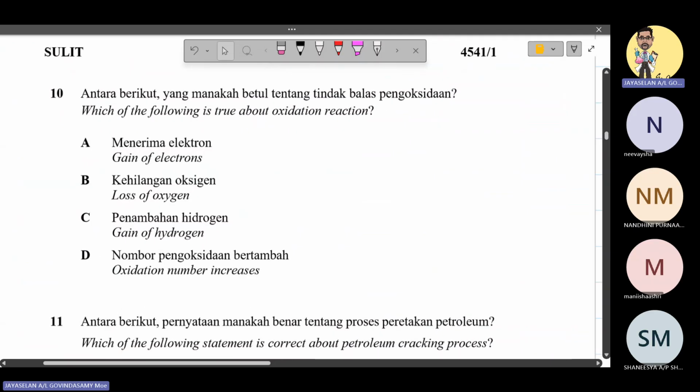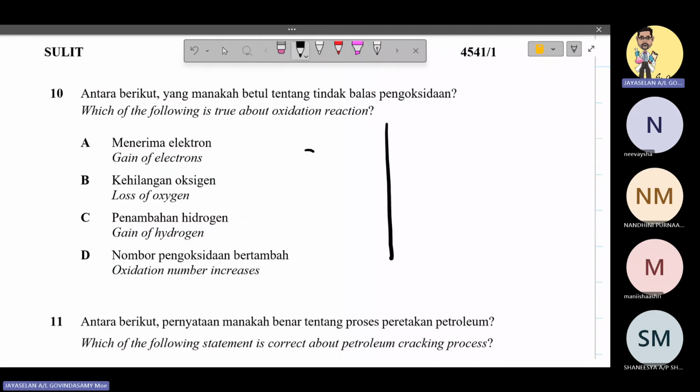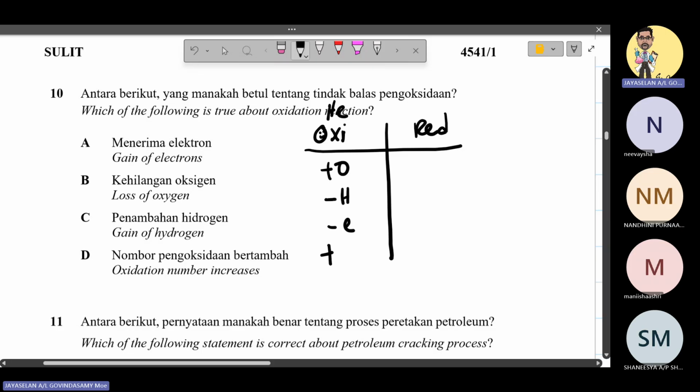Which of the following is true about oxidation? This is very simple, oxidation and reduction. Oxidation means you put here plus oxygen. I don't like E: loss hydrogen, loss electron, increase in oxidation number. The reverse will be reduction.